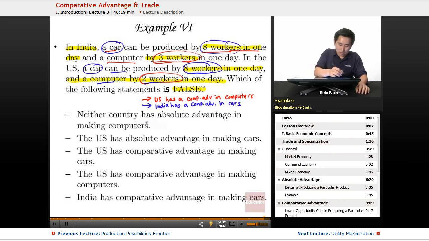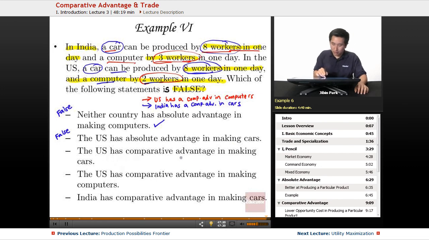This is actually false. So we can already figure out that this is false here. The US has absolute advantage in making cars. Is that a true statement? Well, neither has. So this is also false.